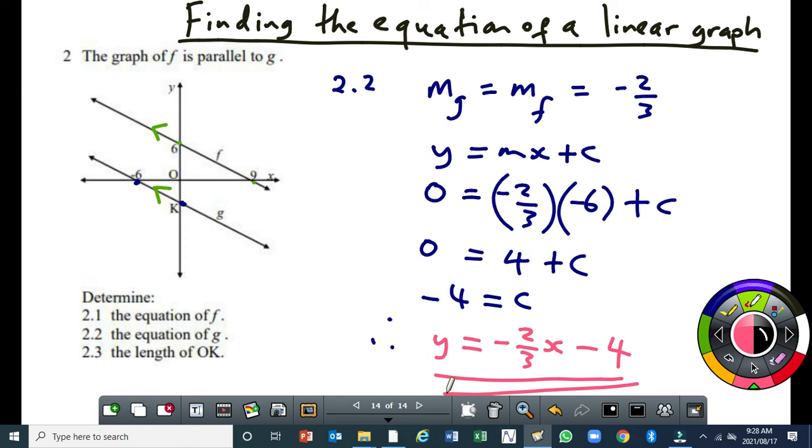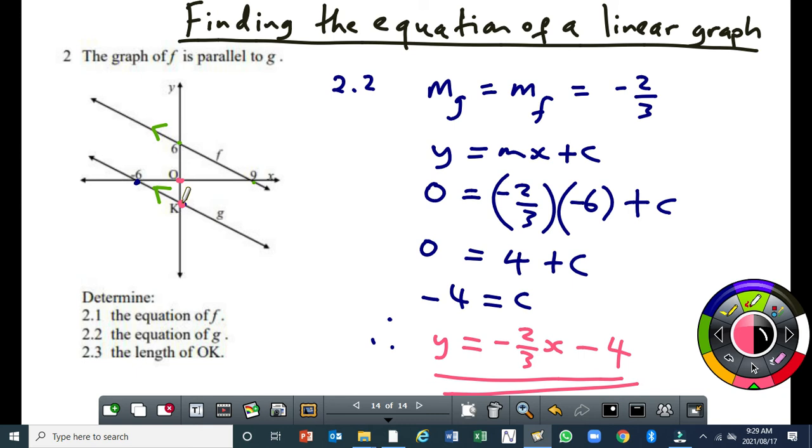In 2.3, the length of OK. So that's the length from here to there. All right. Can someone tell me the answer? The length.